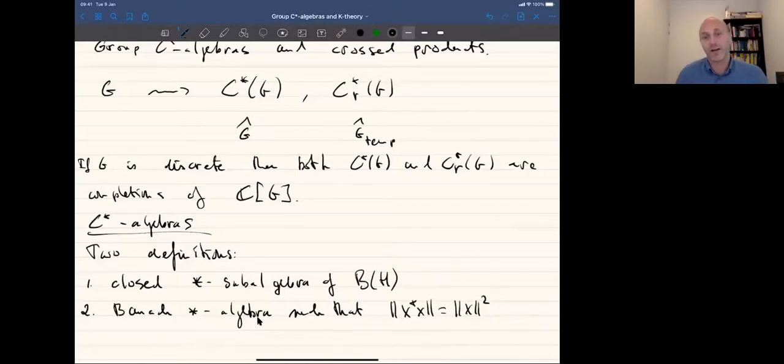In general, you would have that the norm of x star x is dominated by the norm of x squared, and the equality is something that does not come for free.